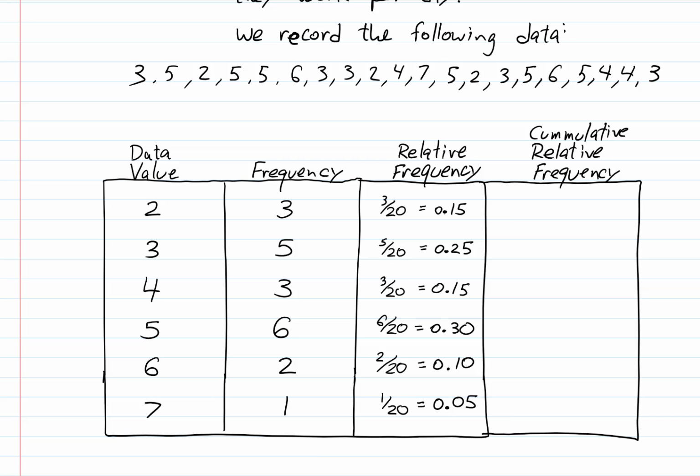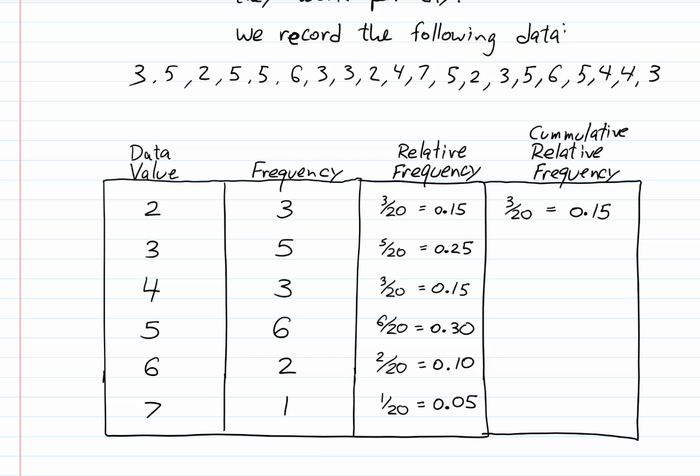So for the smallest data point, that's going to be the same thing as the relative frequency. It'll be 3 out of 20 or 0.15 or 15%.